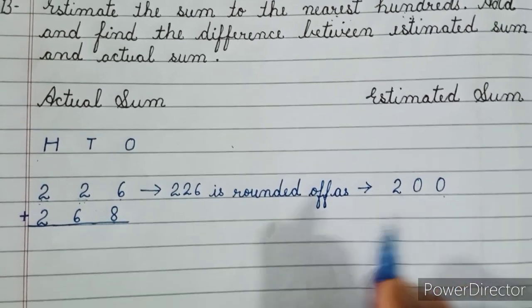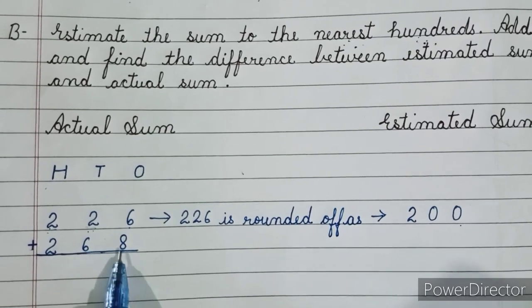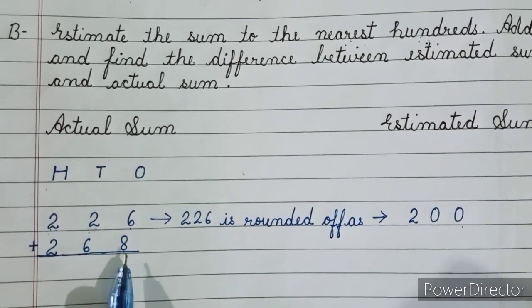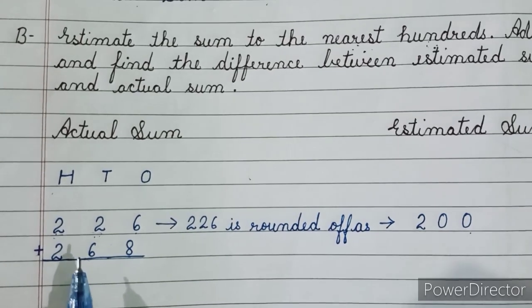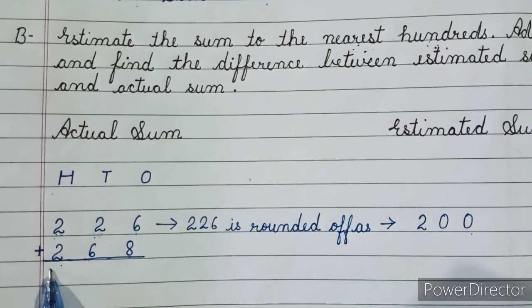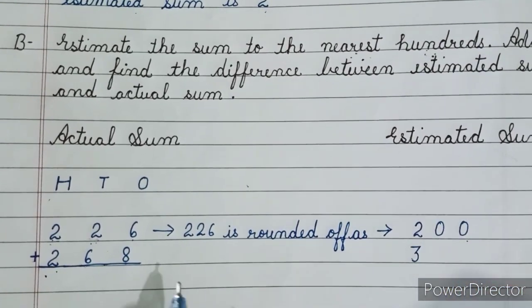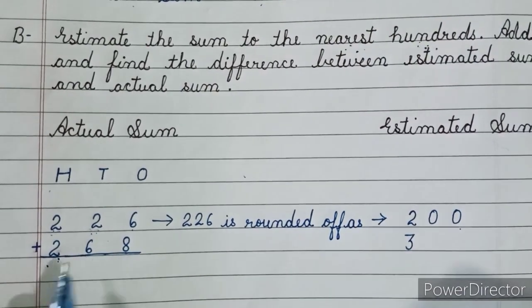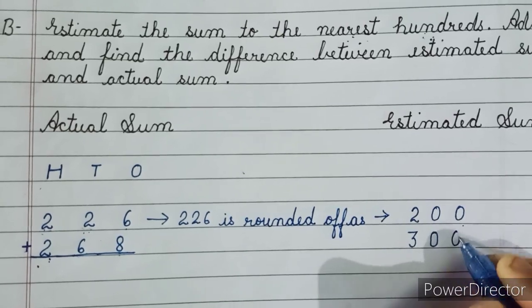Okay, now next see here written 268. So at the tens place is written 6. 6 is more than 5. So at the hundreds place one number will be increased. It became 3, not 2. Okay, and at the tens and ones place the number will be 0.